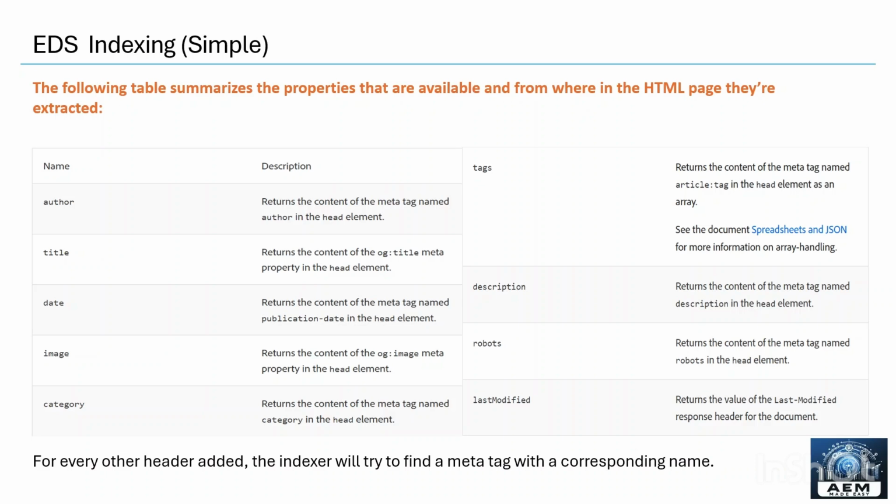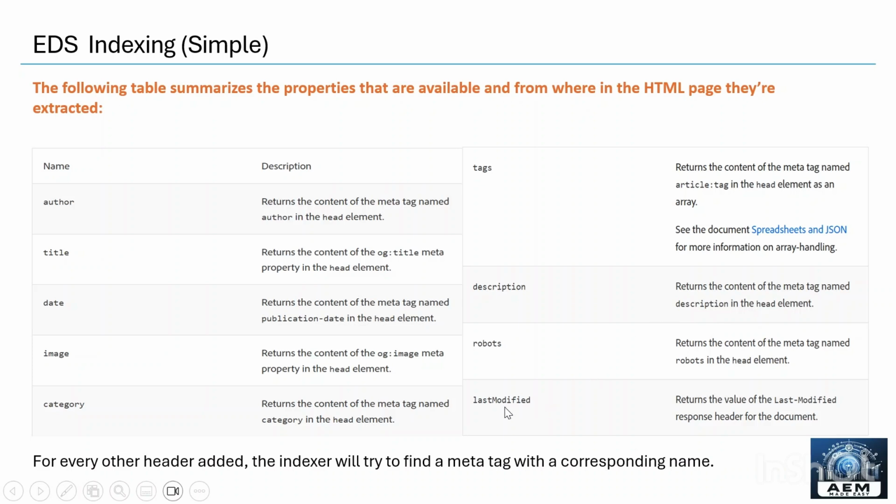For example, the author property returns the content of the meta tag named author in the head. Similarly, title will return the data of og:title. Similarly, there are others like date, image, category, tags, description, robots. All of these will be looked up in your head section, read from the meta tags.